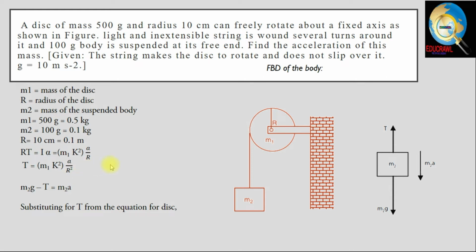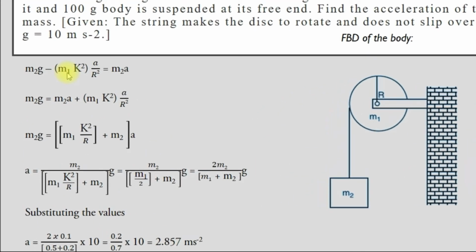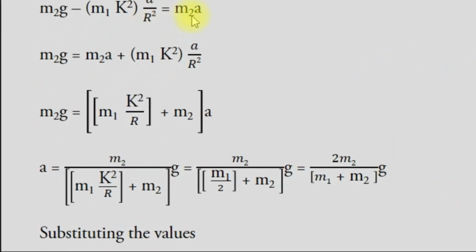This we are going to substitute in our free body equation, which is m2g minus T is equal to m2a. Substituting for T, we have m2g minus m1 k squared A by R squared is equal to m2a. Taking all the A terms on one side and simplifying, we have m2g is equal to m1 k squared by R squared plus m2 into A. We need to find the value of A. So have A on one side, the remaining terms take it to the denominator.